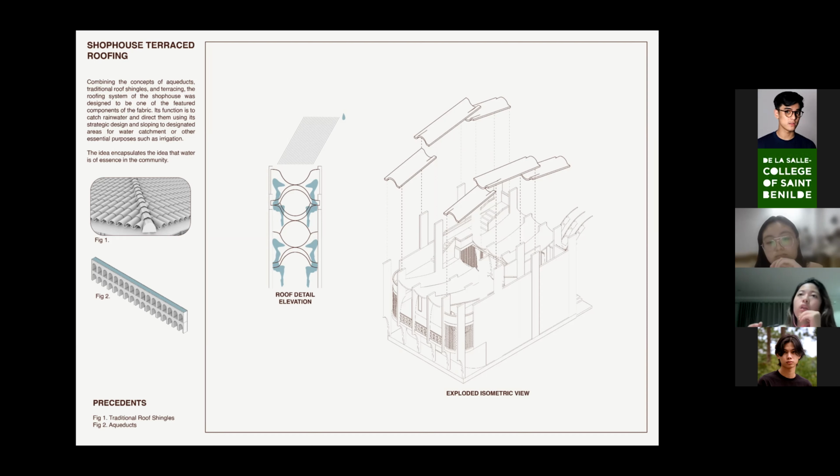The way it works is it functions as a rainwater catchment and strategically directs water towards various areas. One of which is the tiling system that connects to the algae wall in the back, which ends at a pond.